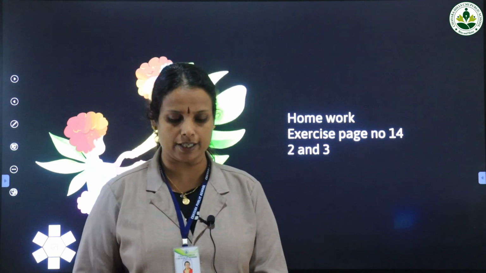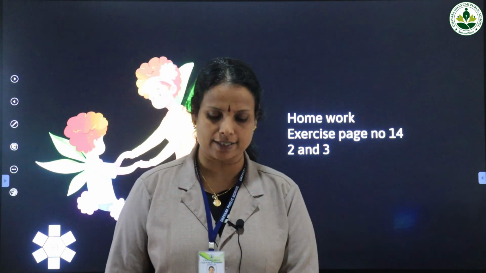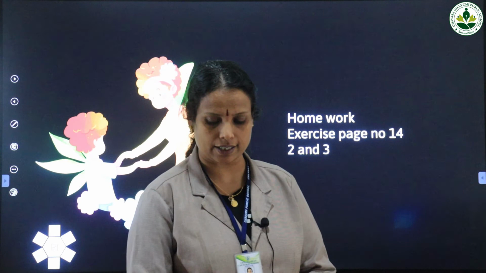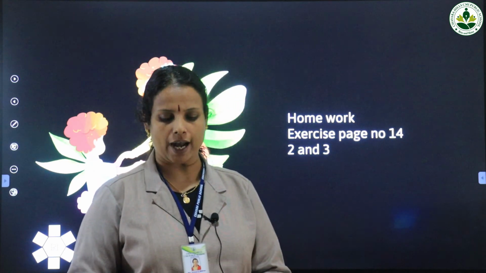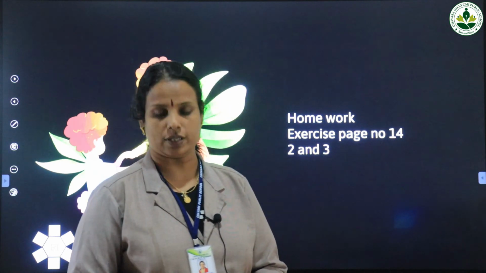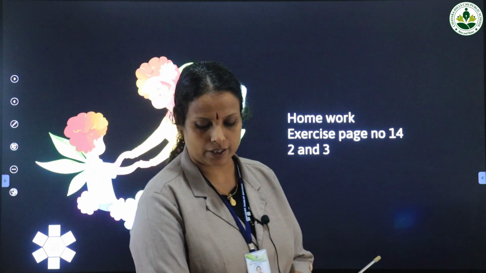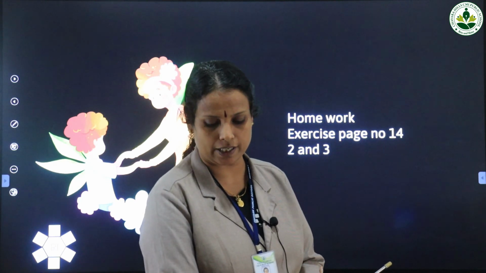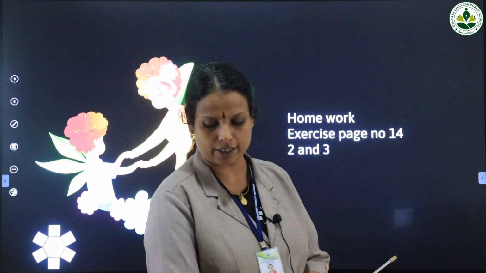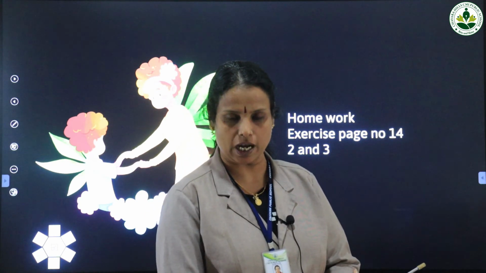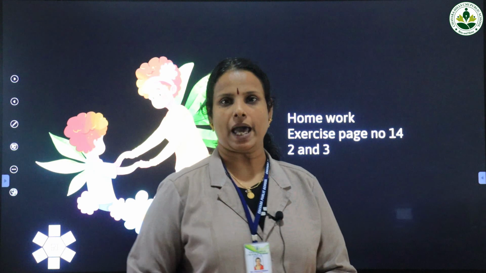The third one is identify and circle the nouns in the following sentences. For example, your aunt is a teacher in my school. There, aunt is feminine gender, teacher is common gender and school is neuter gender. In that way, you have to find the nouns and write them in the blank space.